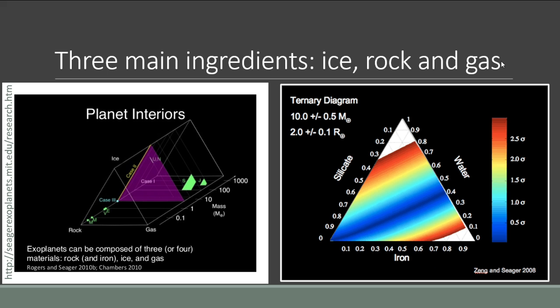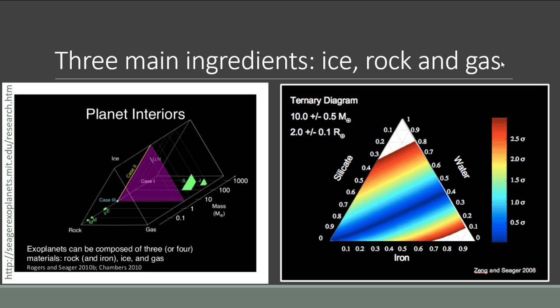When we talk about planets, let's start with general planets. There are 3 main ingredients, and I'm still promoting that it's a nice title for a rock album: ice, rock, and gas. Ice, rock, and gas are the 3 main ingredients from which you can make planets.